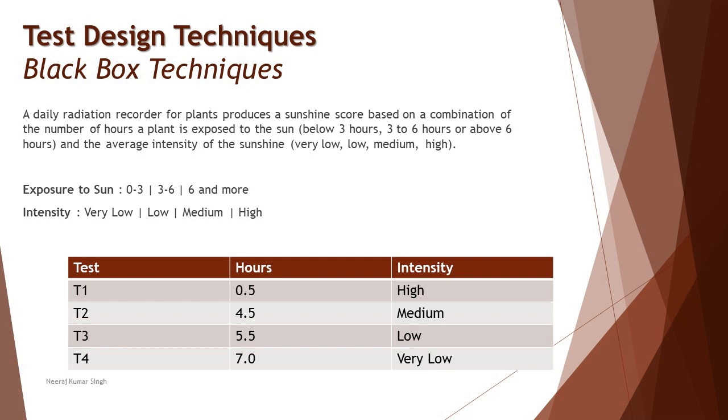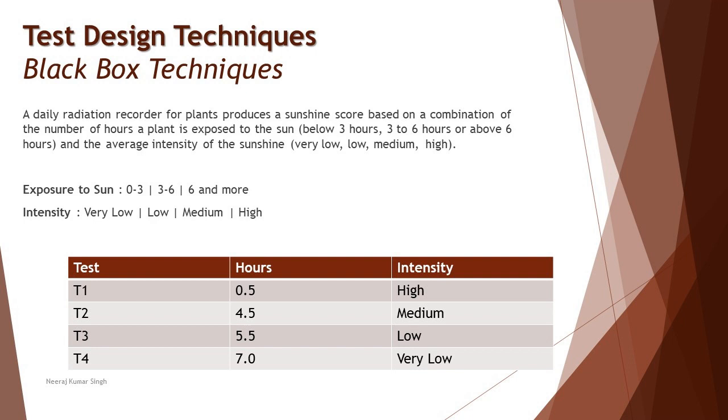T3 is 5.5, which again falls in the same range of 3 to 6, but this time the intensity is covered as low. And the fourth one required is 7.0, which covers 6 and more, and the intensity is very low.